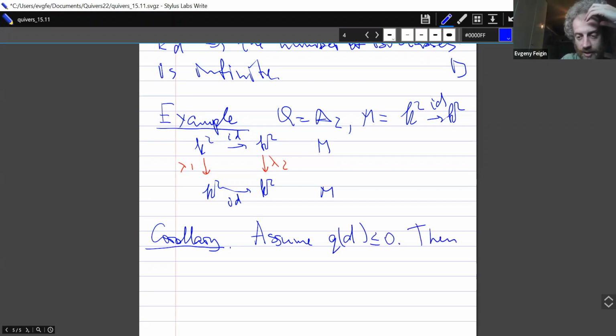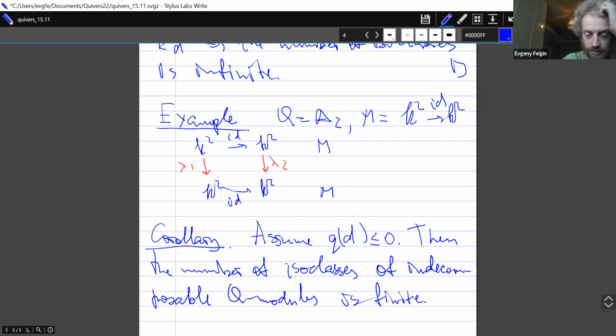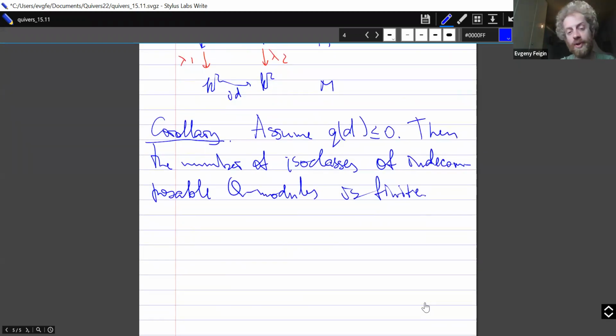Then the number of isoclasses of indecomposable Q modules is finite.